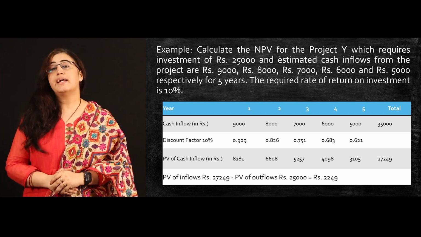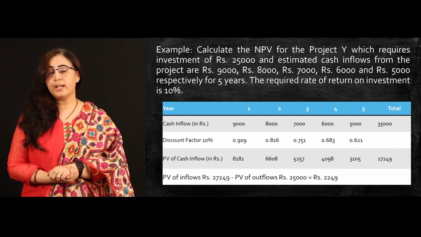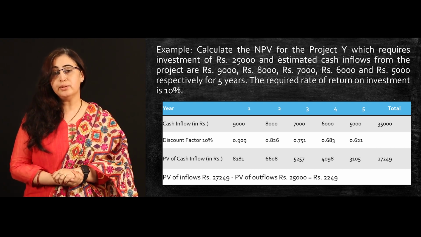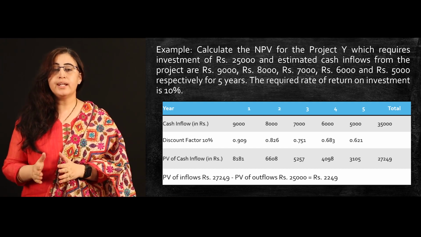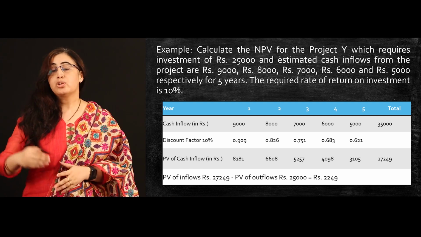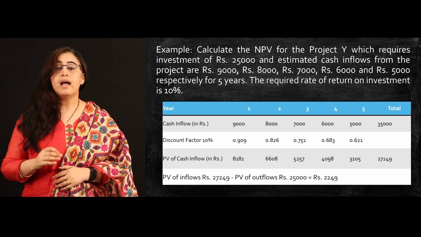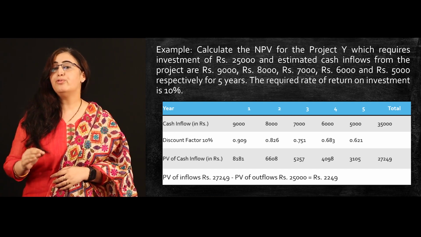Now when I look at the actual PV, it is 27,249. My outflow was 25,000. So 27,249 minus 25,000 equals 2249. So even after 5 years, if I discount this whole project at 10%, I'm getting a profit of 2249.